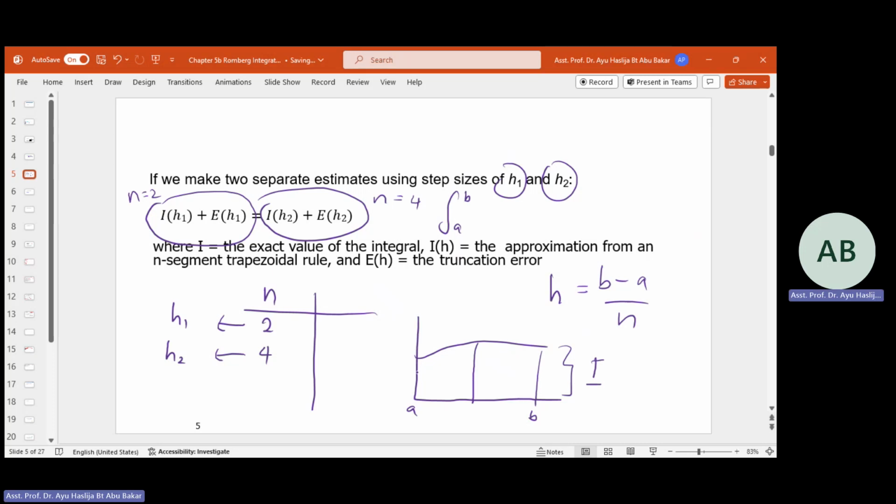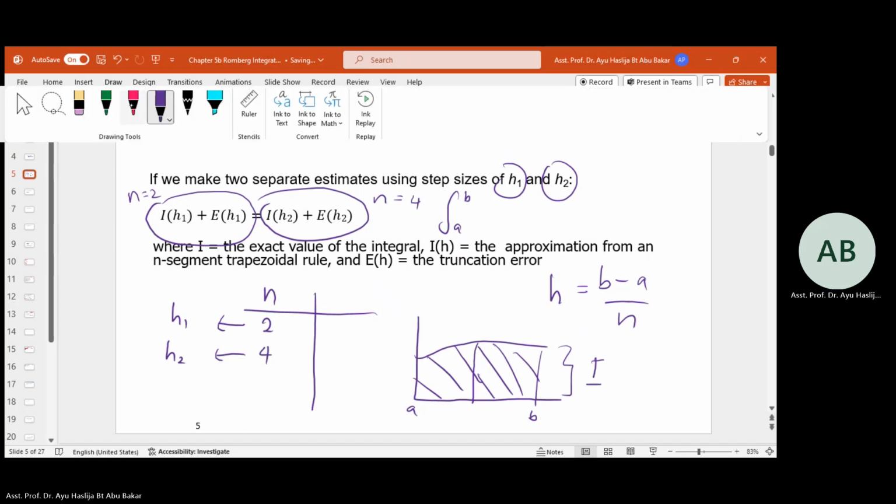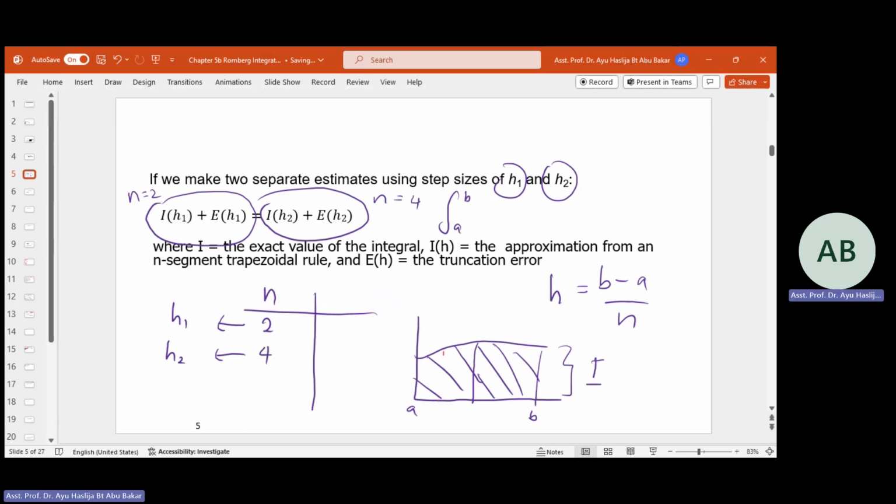If you have n equals 2, this is your area under the curve. Similarly when you have 4 segments, still the same area under the curve.